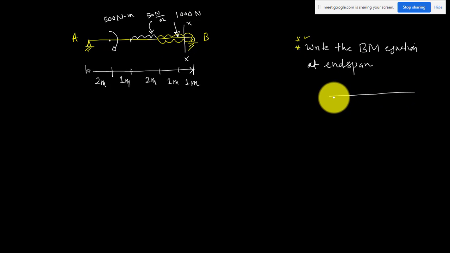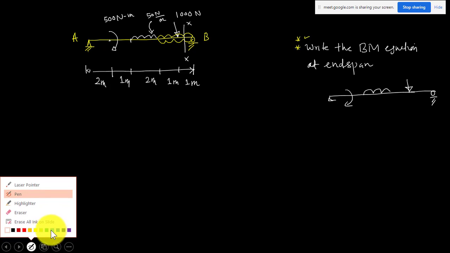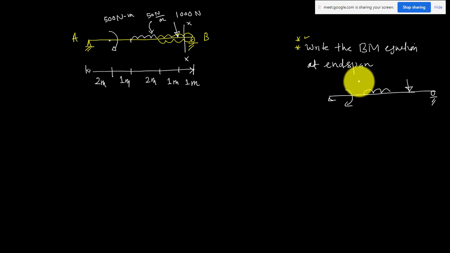This was your given question. We have some UDL and some concentrated load, and this is your support. The end span means you have to take a section after all three: the concentrated moment, UDL and point load. After this I don't have any other load.